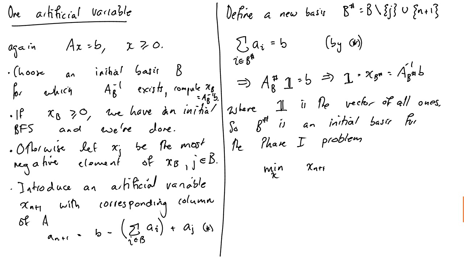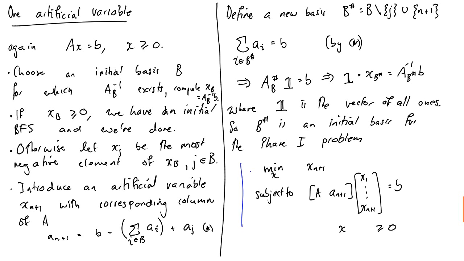So we're just minimizing that artificial variable, subject to these constraints here: A n plus 1, x1 through to xn plus 1 equals b, and x is greater than or equal to 0. Once again, we've got a phase 1 problem that if we solve it, it'll give us an x that satisfies our initial constraints.